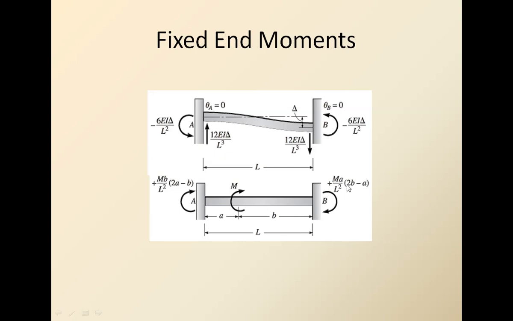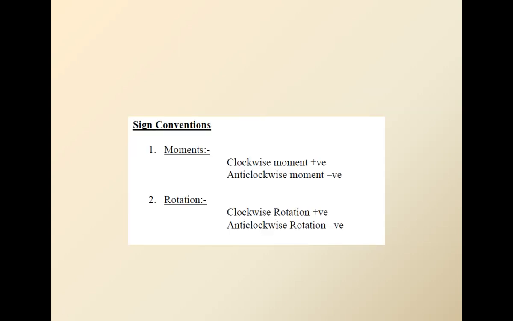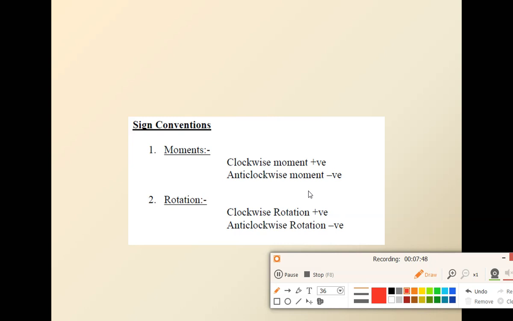Now before going to solve any problem, you should keep in mind there are some sign conventions. In drawing the bending moment diagram, sagging moments are positive and hogging moments are negative. But in this case, we have to take clockwise moments as positive and anticlockwise moments as negative.